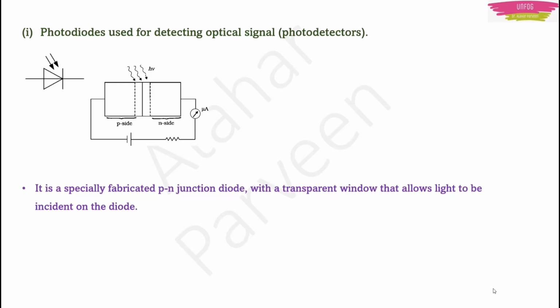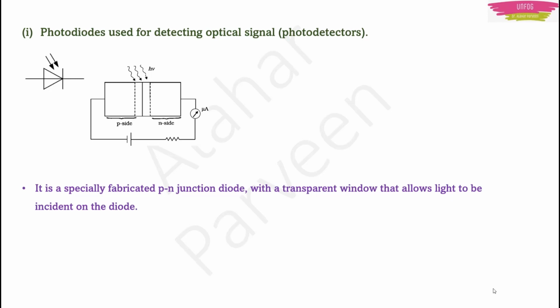Basically, a photodiode is a PN junction diode only, but it is specifically fabricated with one transparent window in the place of the depletion region. That transparent window will allow the light to fall on it. It will allow the light to be incident on the diode. With this light, then again current flows through the circuit.